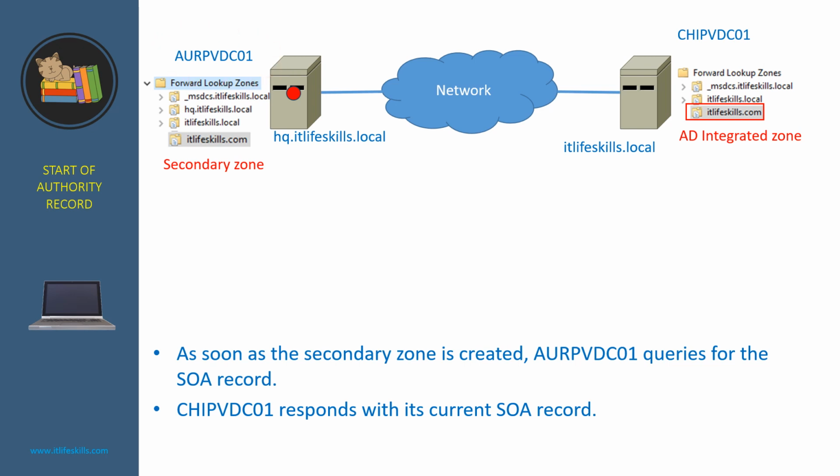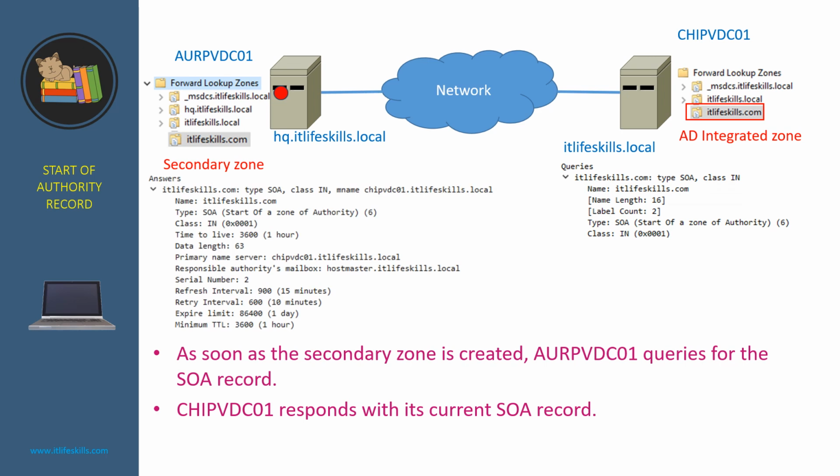We see that as soon as the secondary zone is created, OPVDC01 queries for the SOA records and GPVDC01 responds with its current SOA records. As you can see, these are the settings on the SOA records on GPVDC01 that we saw in the previous slide.